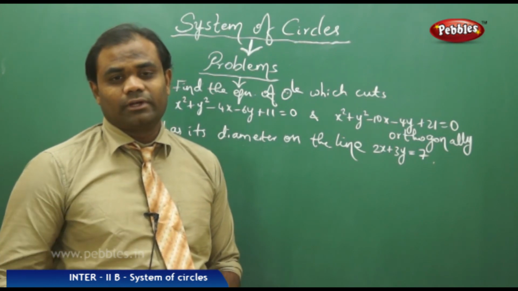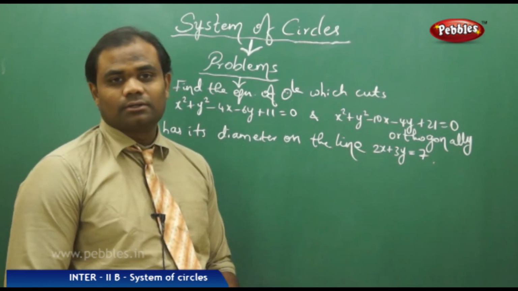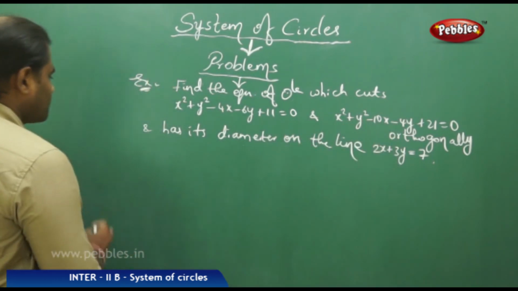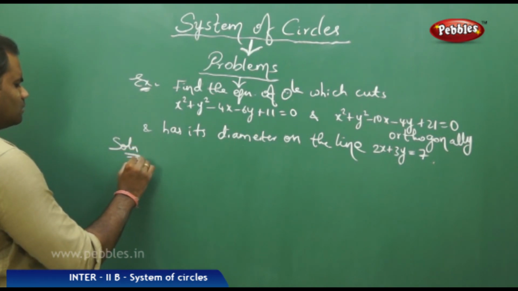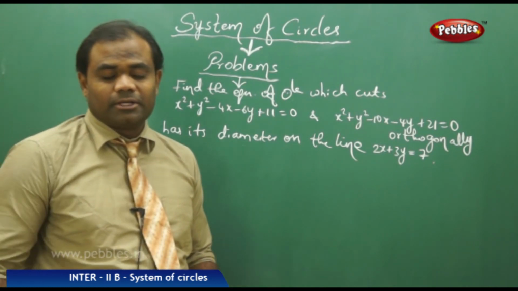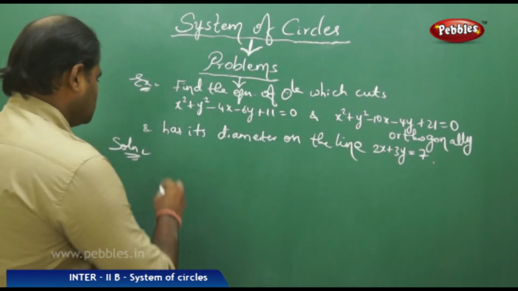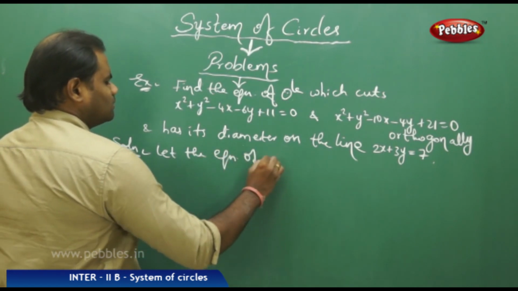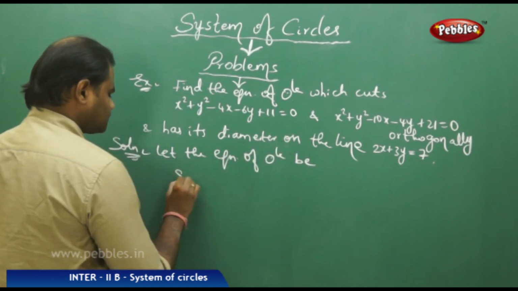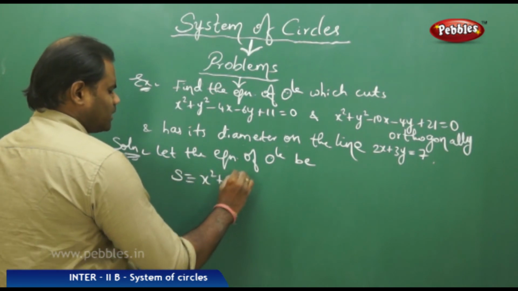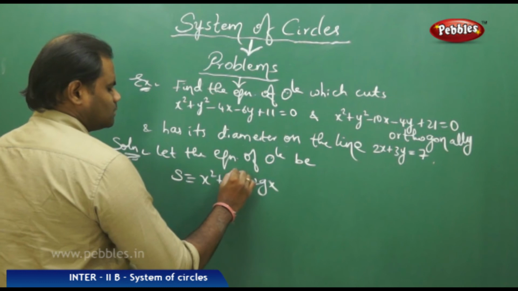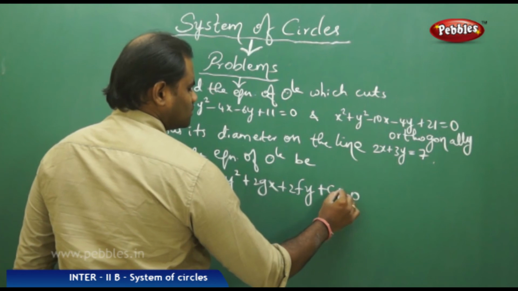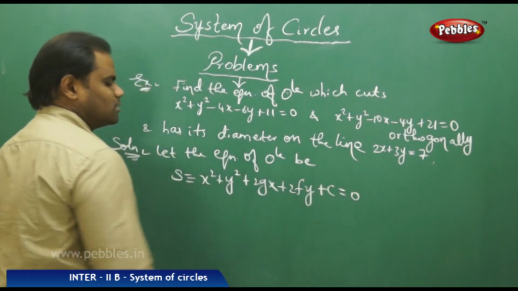So let's see how we can find the equation of circle using the three basic conditions 1, 2 and 3. Now initially, because I don't know the equation of circle, let me take the equation of circle in general form. Let the equation of circle be S equals x squared plus y squared plus 2gx plus 2fy plus c equals 0.